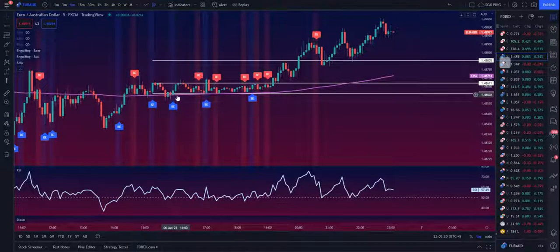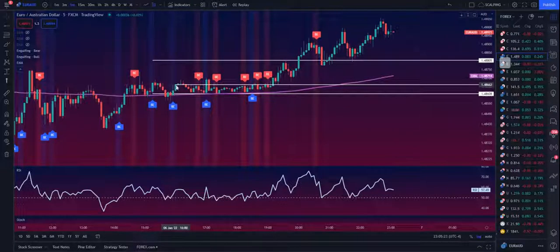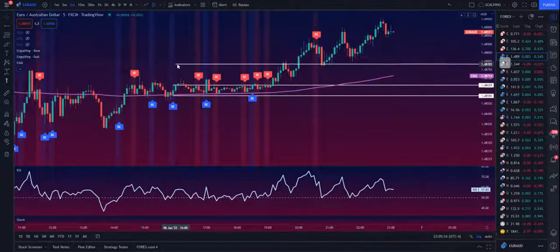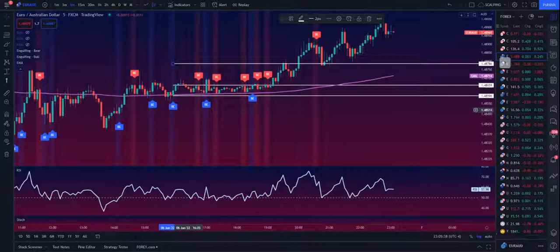Don't get discouraged, because again, we have another one right here, right there. And then at the bottom of that candle, and then 2 times that. All right, so we enter there. It definitely tests us, but it doesn't stop us out.